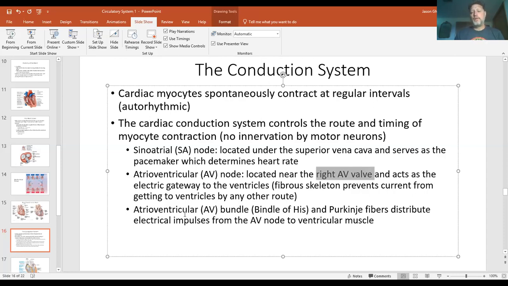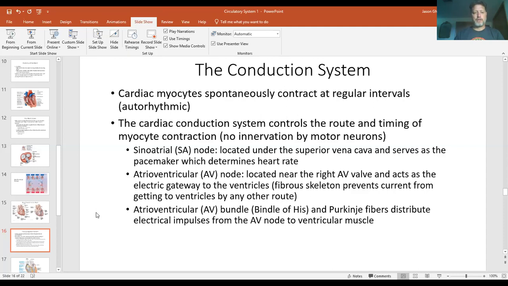Through the middle of the heart, this part called the interventricular septum, is where you have this bundle of His. Somebody named it, not me. It's where these main conduction pathways are, and it'll pass down, and then we have Purkinje fibers that will go and loop back up around the ventricles for the contraction purpose.